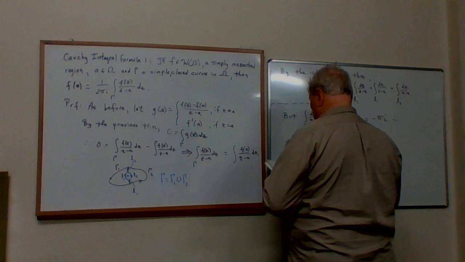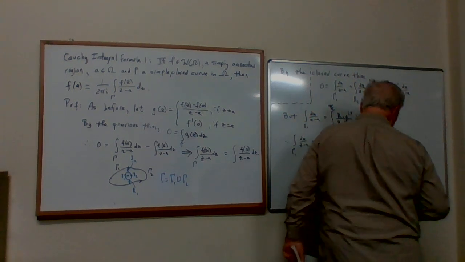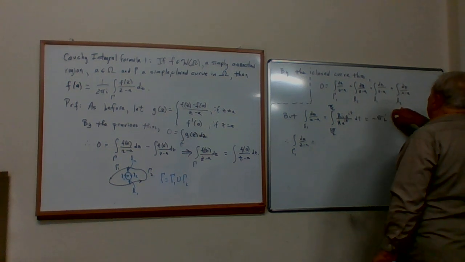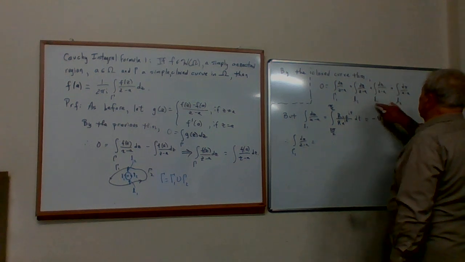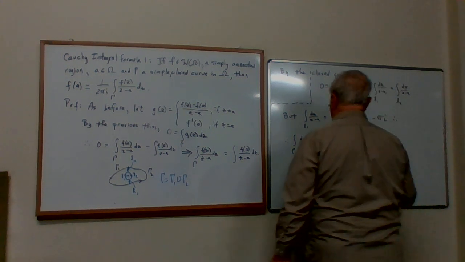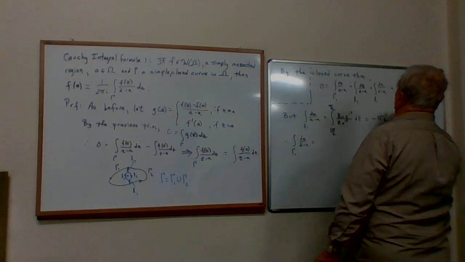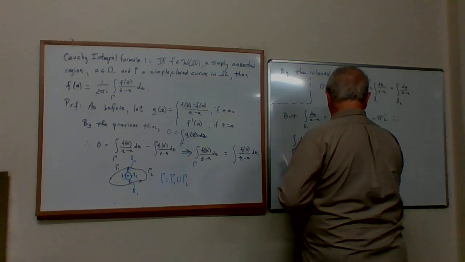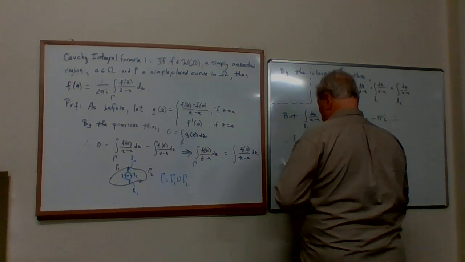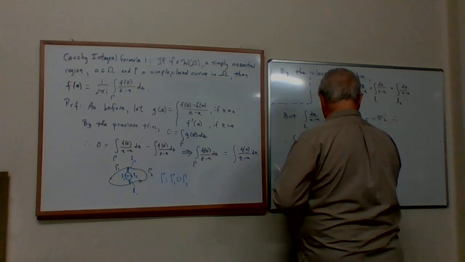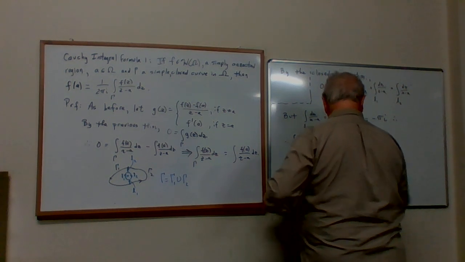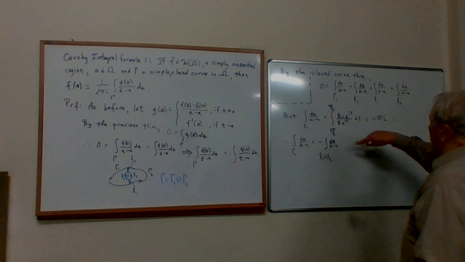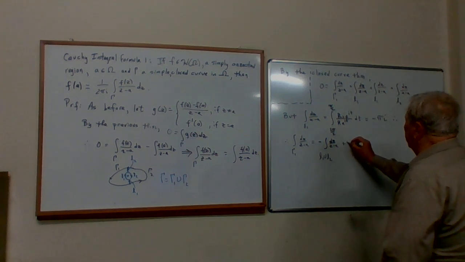That's equal to, now, this integral over little L1 plus this integral over little L2 is really the integral of this over the union of those two lines. So we'll combine those together. And because they're on the other side of the equation, that's going to be minus the integral of dz over z minus a over little L1 union little L2. And then, of course, this went to the other side of the equation too, so plus pi times i.